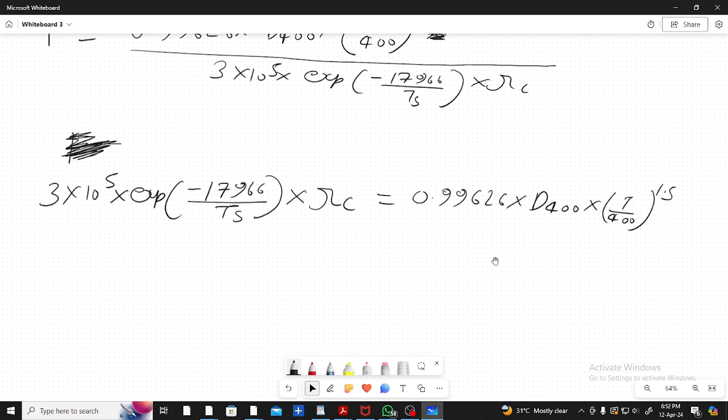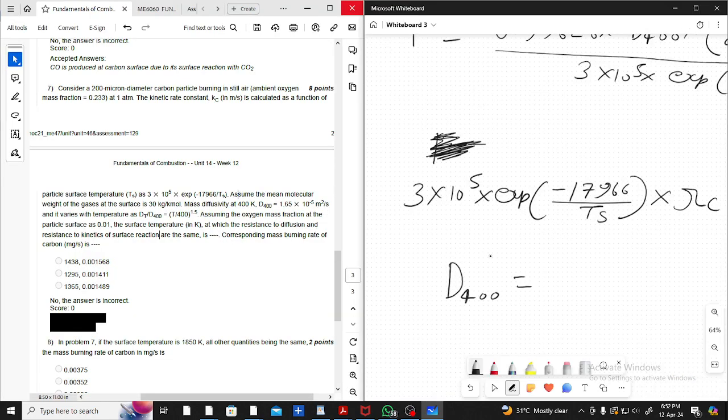Can you tell me how we can solve this equation? What is D400? Guys, can you tell me what is D400? Basically, it is the diffusion coefficient at 400 Kelvin, 1.65 into 10 to the power minus 5.